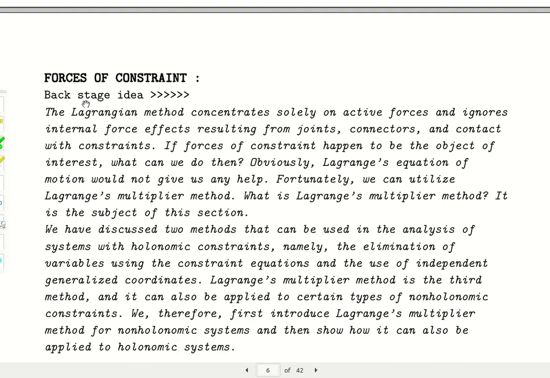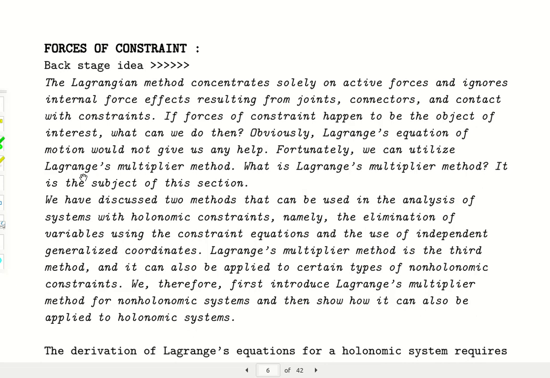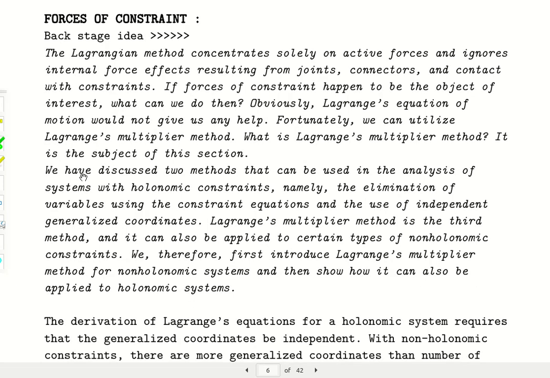Here there is a backstage idea, which is written here, that you should know some things. That is the Lagrangian method, how we solve Lagrange's equation of motion. We identify the generalized coordinates and solve the Lagrangian equation of motion.